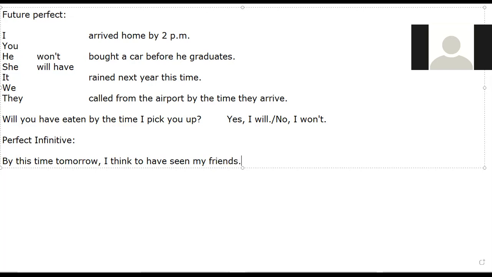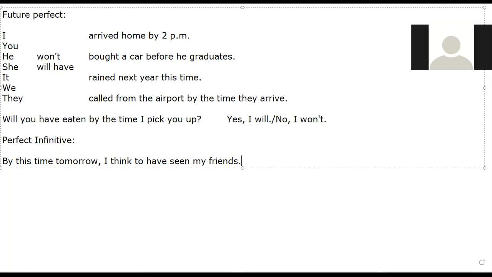For example, by this time tomorrow, I think to have seen my friends. Para esta hora mañana, yo pienso haber visto a mis amigos. Y entonces el infinitivo perfecto es to have seen. Yeah, exactly. To have seen.